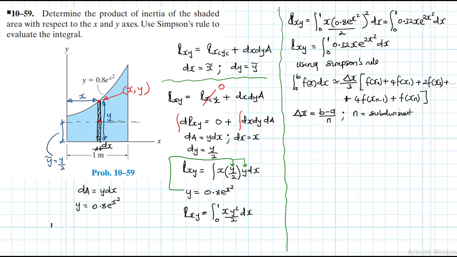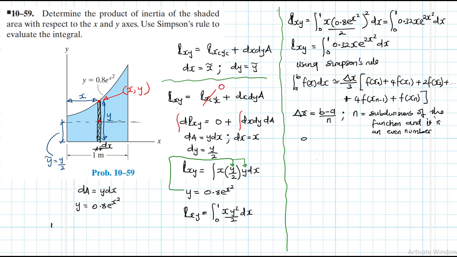The more the subdivisions, the better the solution becomes, or the higher the chances of the solution converging, right? It is the subdivision of the function, and it is an even number. This is very important. Okay, it is an even number.